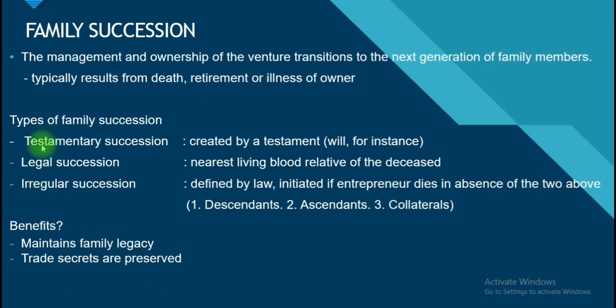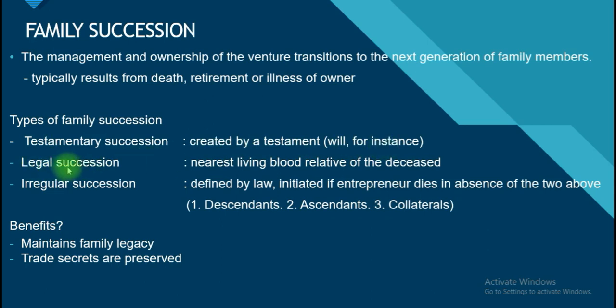Where a testamentary succession is concerned, the owner of the venture, the entrepreneur here, would most likely have made it known who would succeed him or her in the business. This would normally be defined in something like a will, which is a legal document.